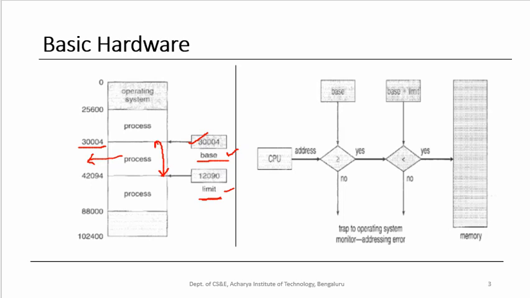I will explain this. For example, let's say the starting address of the process is 300, and this is what is stored in the base register, and the program is going to utilize 40 locations. Then this becomes the offset. So this is what is stored in the limit register, and the value stored in the limit register could be used to calculate the ending address of the process.